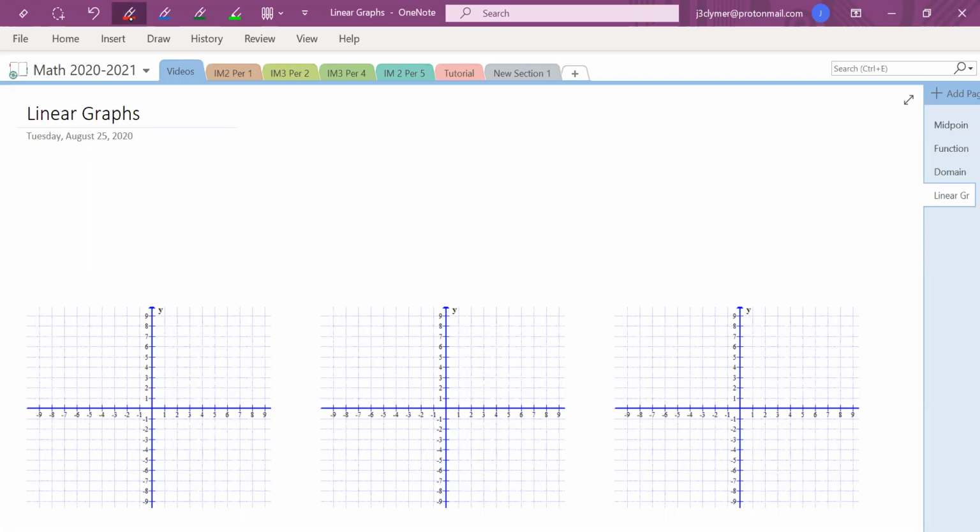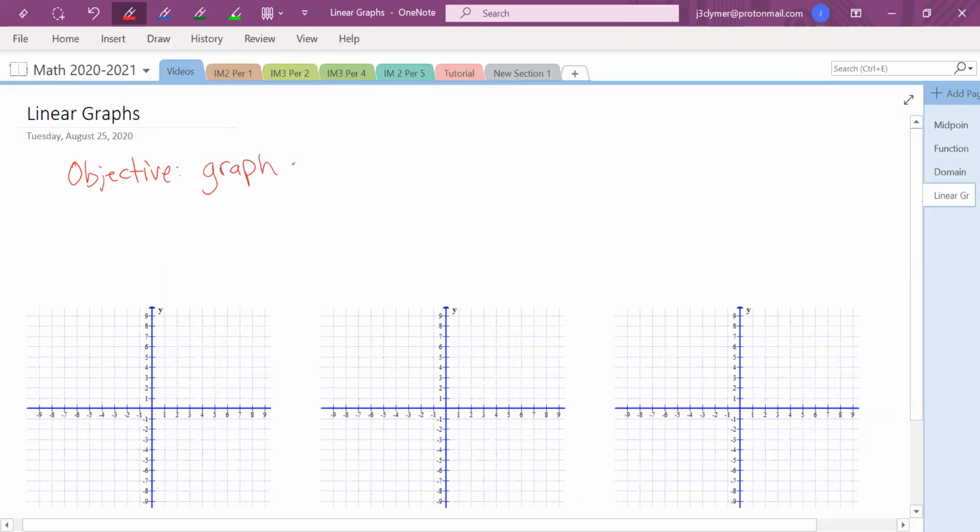So our objective will be to be able to graph a line when given the equation. Okay, that's one of our objectives.